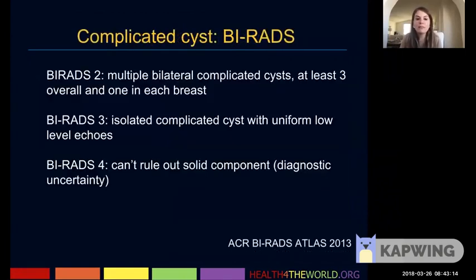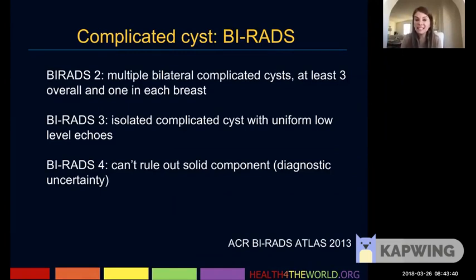So when we talk about complicated cysts, you can dismiss these as benign, a BI-RADS 2, if you have multiple bilateral complicated cysts, at least 3 overall and at least 1 in each breast. Most frequently, you'd be seeing that if you were doing a screening breast ultrasound. If you have an isolated complicated cyst with uniform low-level echoes, that is the case in which you might give that a BI-RADS 3 and recommend short imaging surveillance.